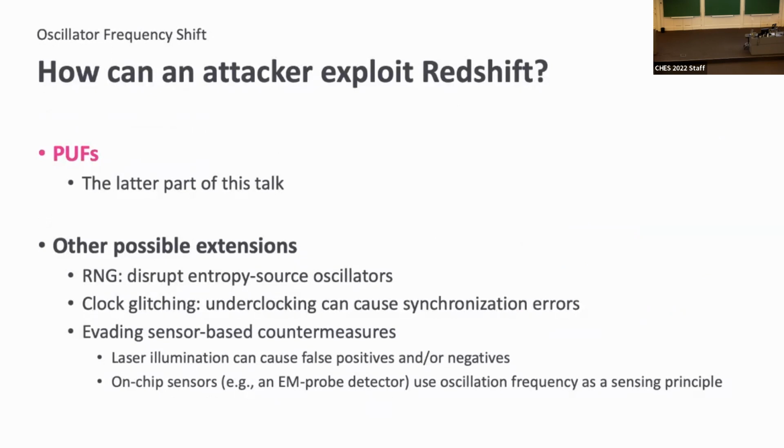Also, Redshift on the system clock can cause synchronization problems, which end up with digital errors. Finally, Redshift can induce false positives and negatives in on-chip sensors, such as EM probe detectors or glitch detectors, because they commonly use oscillators as a sensing principle.